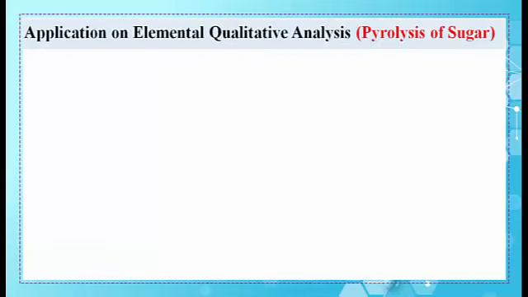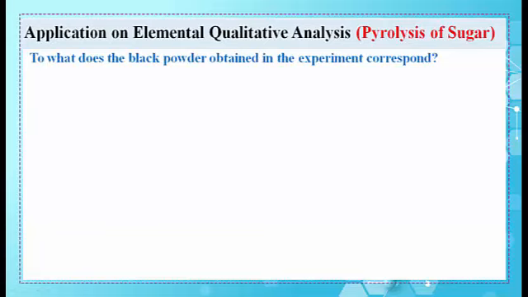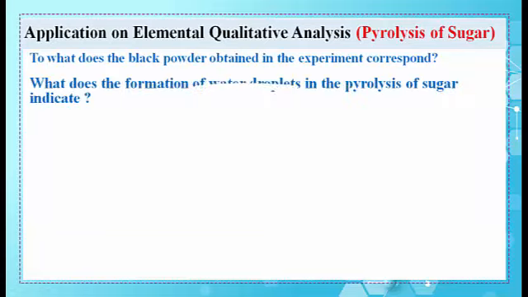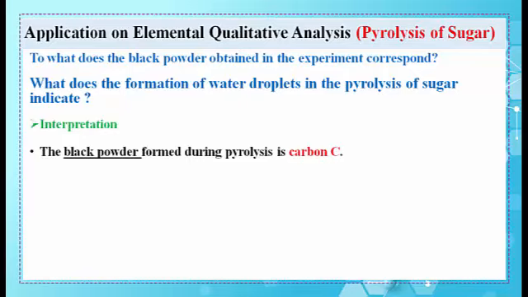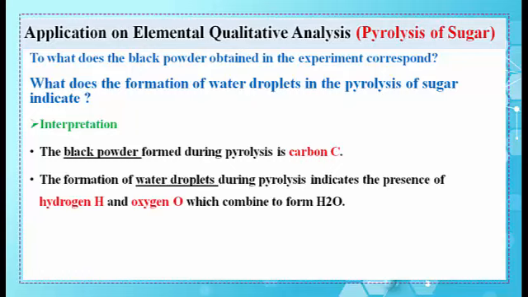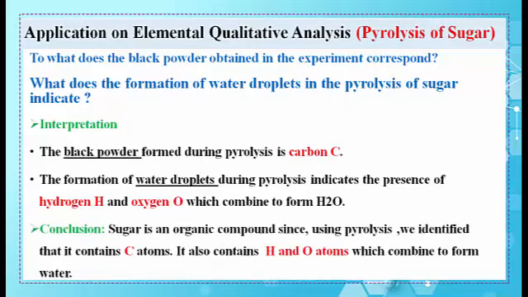Now let's interpret this video. To what does the black powder obtained in the experiment correspond? And what does the formation of water droplets in the pyrolysis of sugar indicate? The black powder formed during pyrolysis is carbon, C, while the formation of water droplets during pyrolysis indicates the presence of hydrogen H and oxygen O, which combine to form H2O.